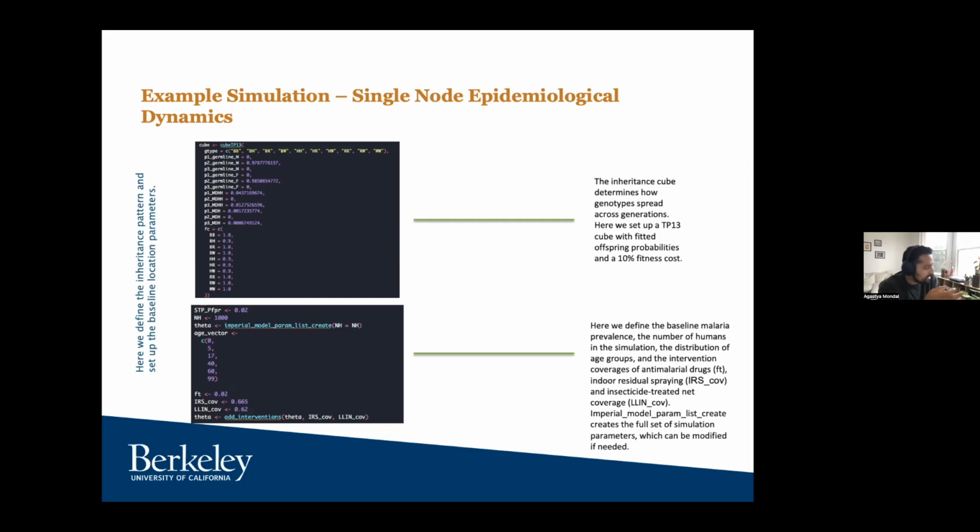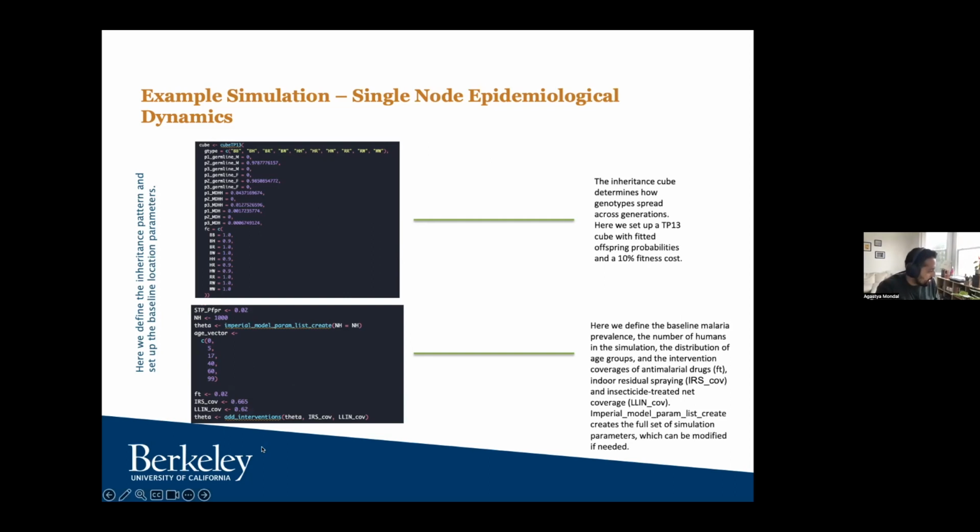Then the age vector is just the distribution of age groups that you want to consider. So here is just between 0 and 5, 5 and 17, 17 and 40, 60, whatever. And then the 1,000 humans will get distributed amongst those age groups in an exponential way.